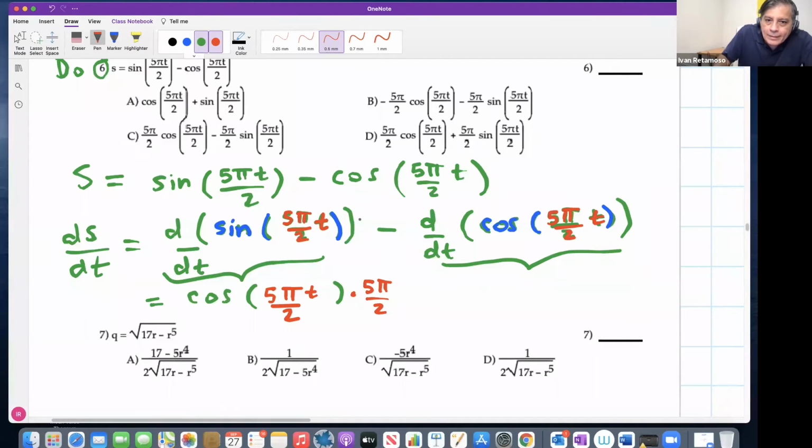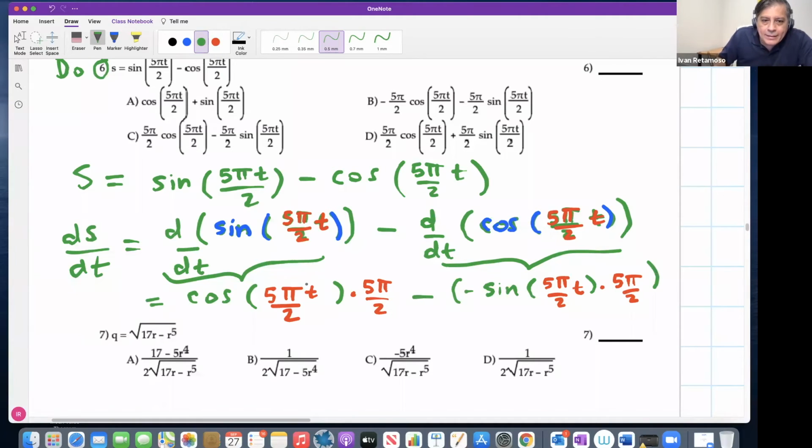Minus derivative of cosine. Derivative of cosine is minus sine, but minus sine of what? The inside function, 5 pi over 2 times t, multiplied by the derivative of the inside function, which is just this constant part, 5 pi over 2, right?